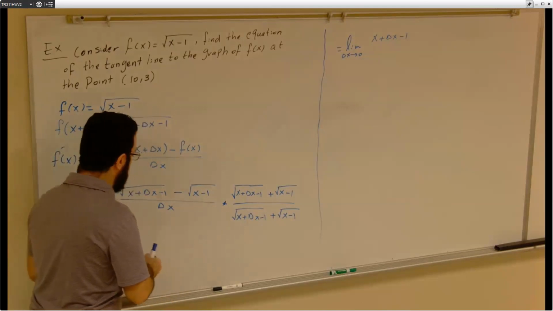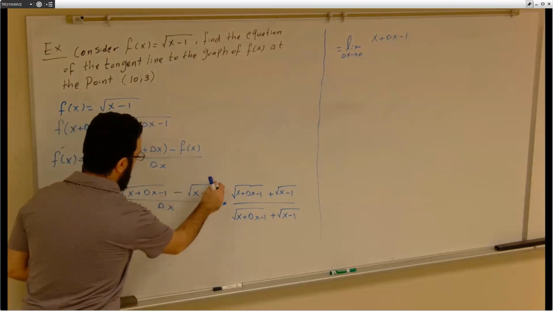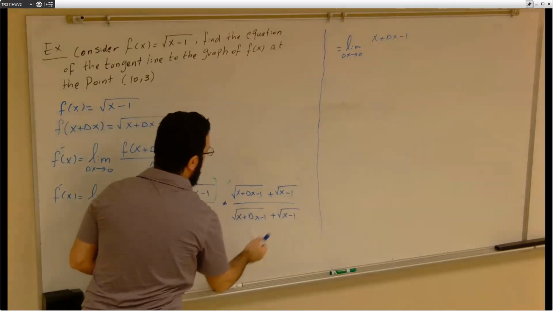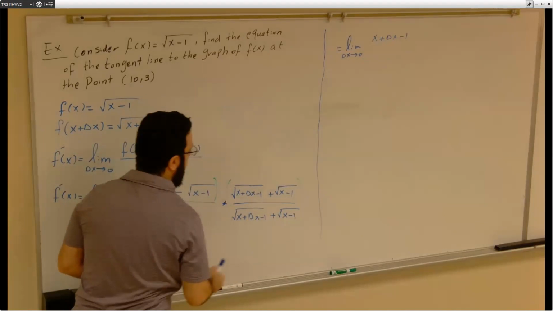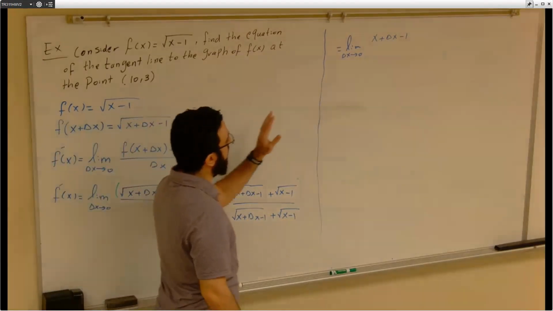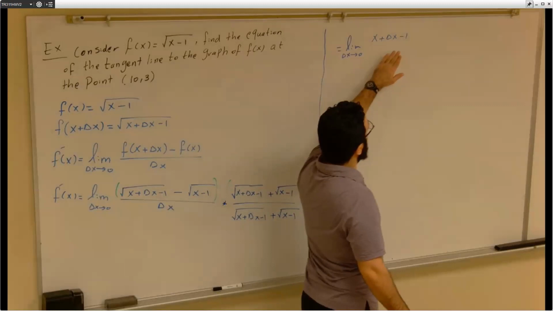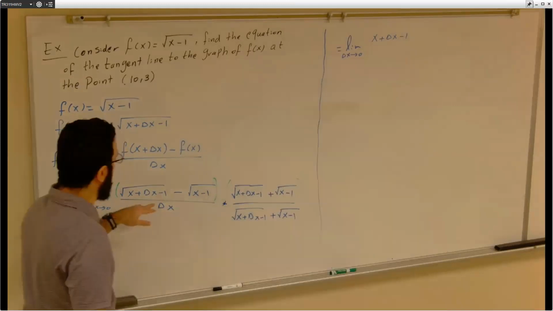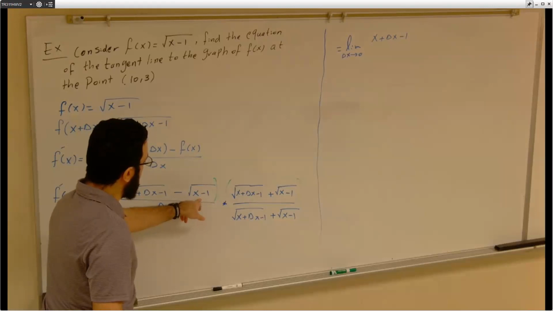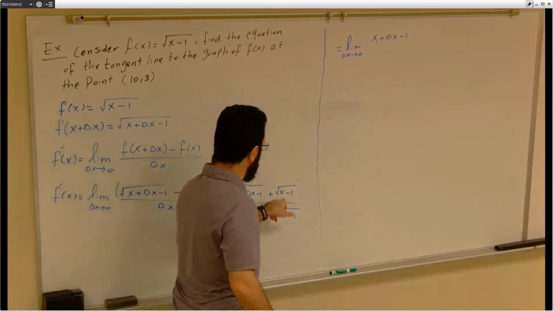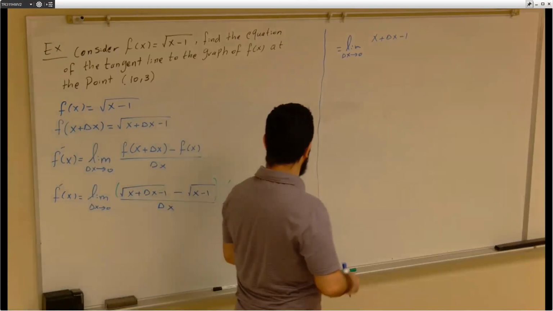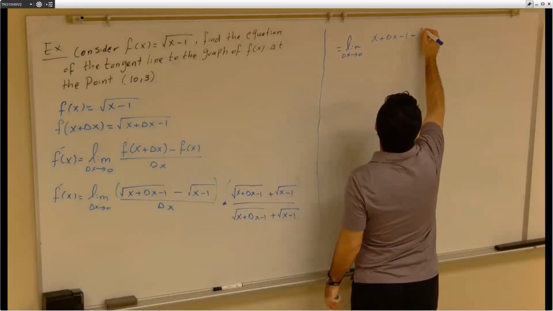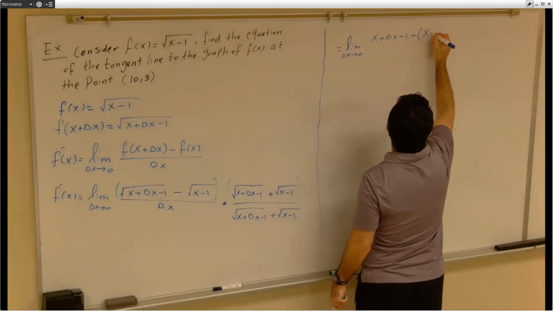Imagine these two parentheses, and FOIL it. So the result is going to be, for the first part, I'm going to skip a step. So you have to figure out how we're going to get this one. Minus is going to be this one times this one. Minus parentheses, x minus 1.